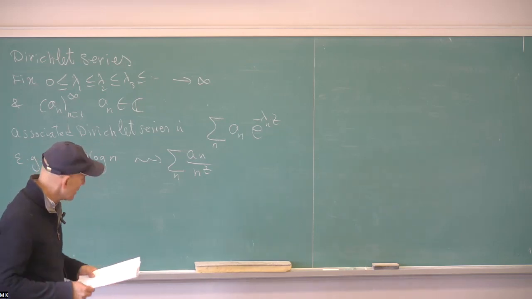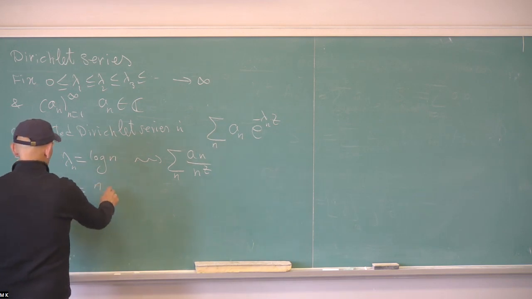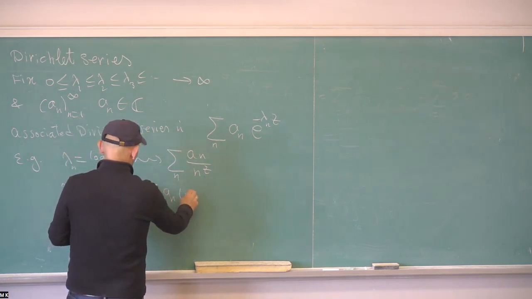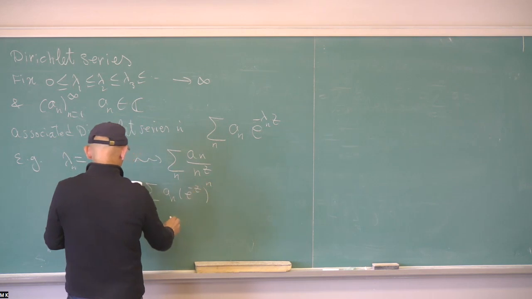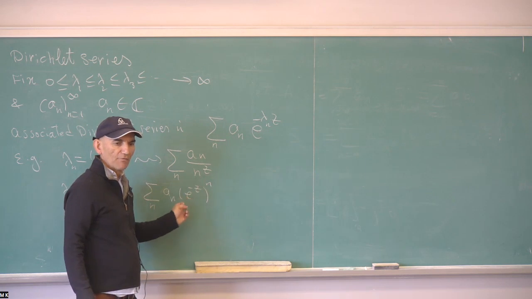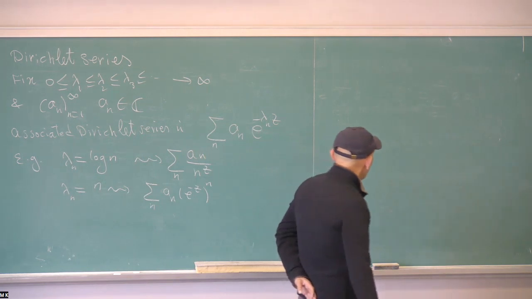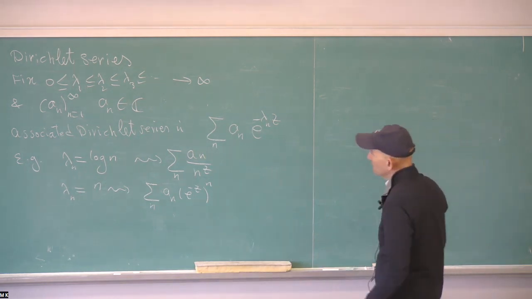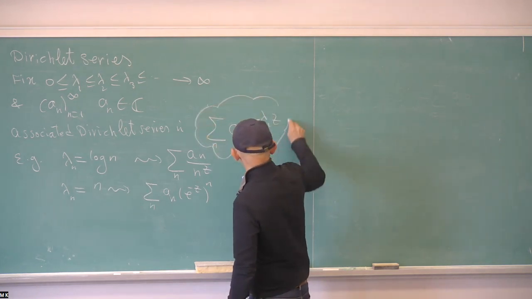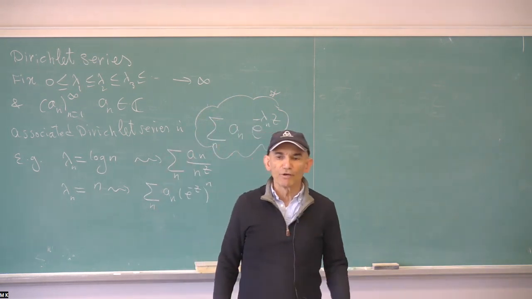Okay, so the second case would be lambda_n equal to n, then you get this series, the sum of a_n e to the minus z to the power n. So this is almost like a power series composed with the function e to the minus z. Now, the question that's relevant is to understand where this series is convergent, the domain of convergence of the series.